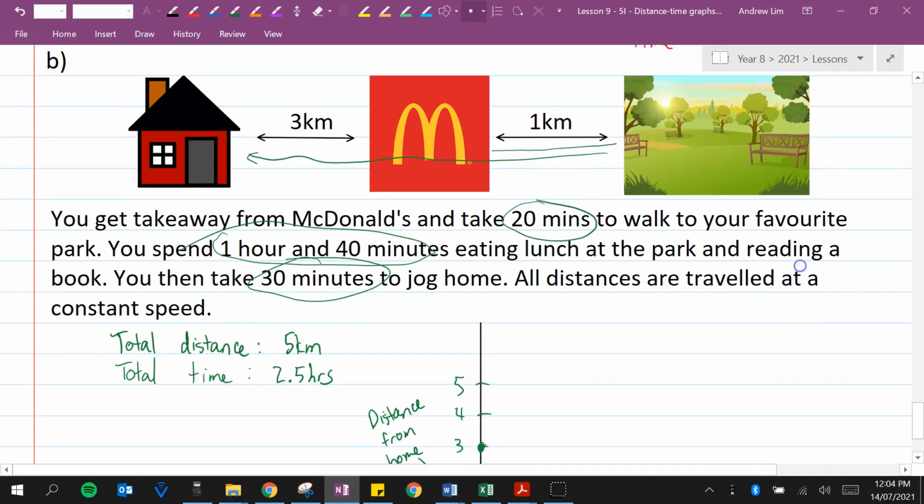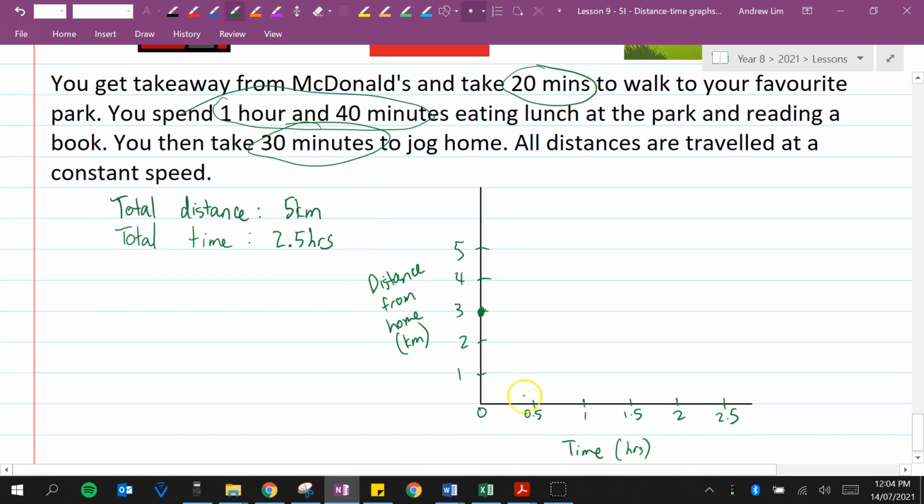Now, the park, according to this, is actually further away from our house. So we need to travel 1 kilometer further away. So in 20 minutes, it's probably about here. We're going further away from the house. It's up here. We're going this way, not down here. If it was this way, the park will be in between McDonald's and our house.